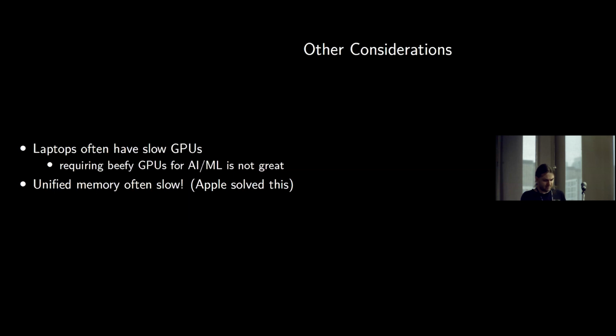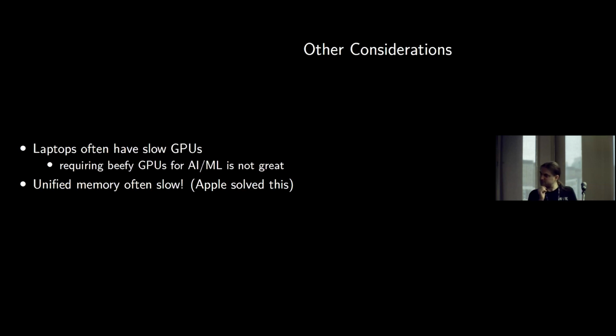There are also a couple of other considerations. Some laptops have really slow GPUs. If your AI, ML thing needs a lot of processing power, and you rely on that for accessibility features, it's not great if you need a beefy GPU to have an accessible system. Unified memory is also often slow.